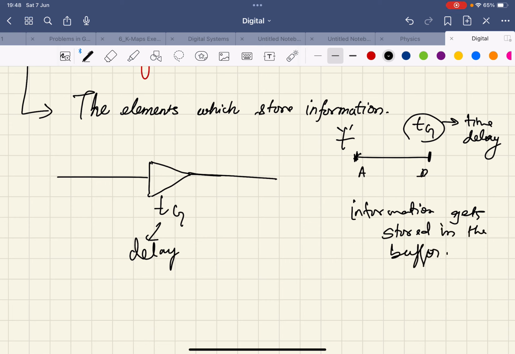Okay, and this tg along with this time carries the information to the final destination. So what is our total time delay? It will be t plus tg, right? That is the time it will reach the final destination.